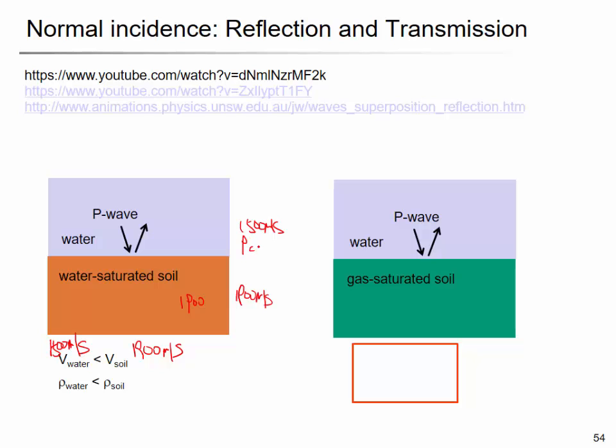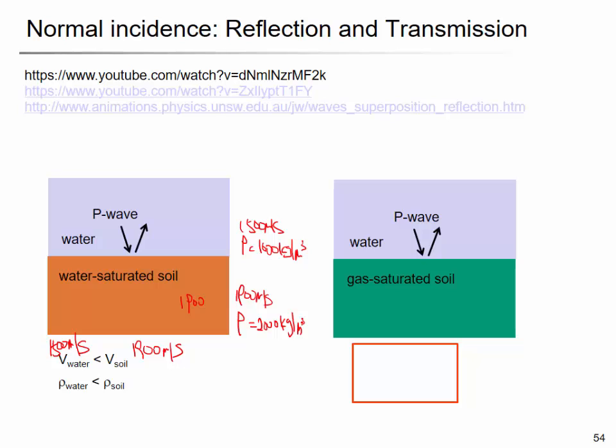Density here is about 1000 kilograms per cubic meter. And here, the saturated soil has a density of about 1.9. Let's say 2, so 2000 kilograms per cubic meter. So then, the mechanical impedance will be more than twice the difference, right?